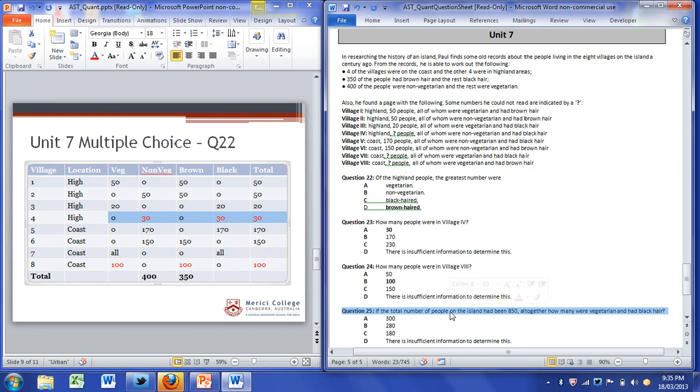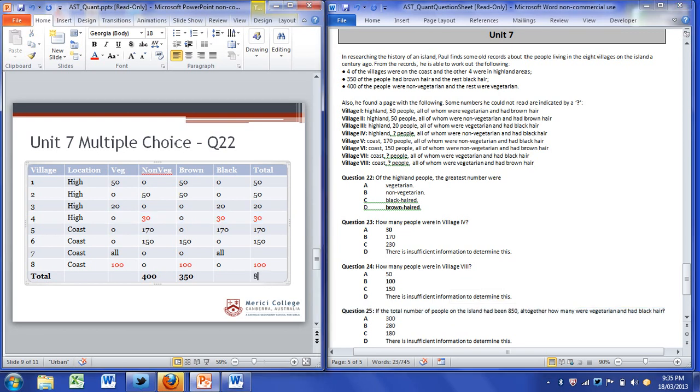Now 25 adds a bit more information. If the total was 850, I'll put that in there. The grand total number of people is 850. I'll make that look colourful. Then we can actually fill in this cell here.